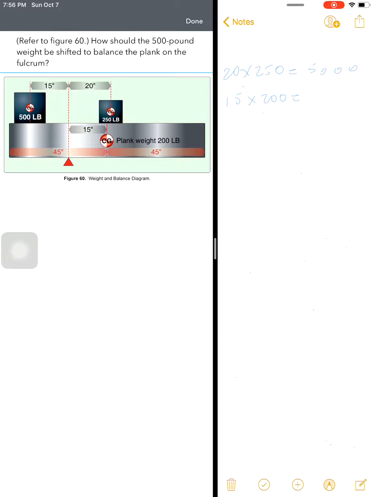And then 15 multiplied by 200 equals 3,000 there, so the total is 8,000 on this side of the fulcrum. So we need 8,000 to balance this whole thing. Otherwise, it's going to fall like that.